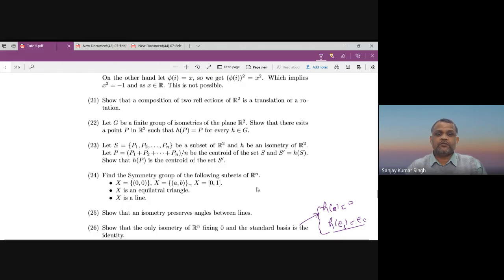So this set will go to the same set, because S prime is the same. So P1, P2, Pn will permute. Isometry will basically permute these points P1, P2 and Pn. So you just put the value of H here and you will get directly that HP is the sum of HP1 plus HP2 up to HPn, divided by n, which is by definition the centroid of this set S prime.